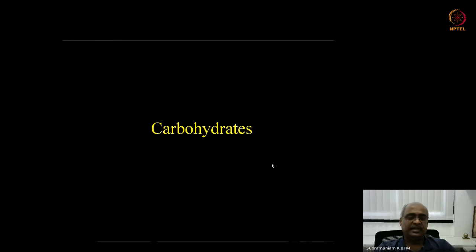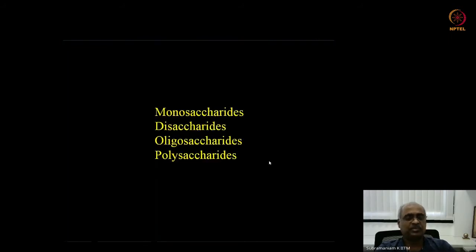So let us get into the basic structures. We already have familiarized ourselves with terms like monosaccharides, polysaccharides, aldoses, ketoses, and glycosidic bond, etc. So we will refresh our memory and get into more details today. We know the smallest units of carbohydrates are the monosaccharides, which are linked through glycosidic bonds to form disaccharides, oligosaccharides, and then polysaccharides.